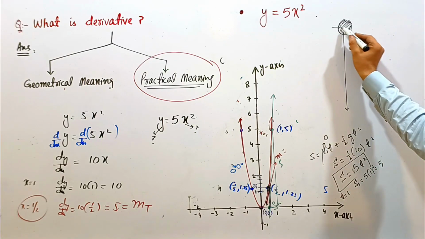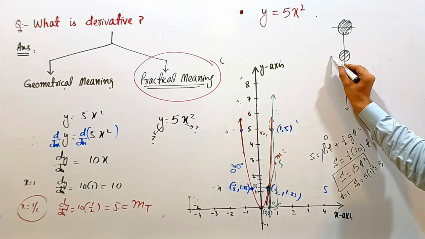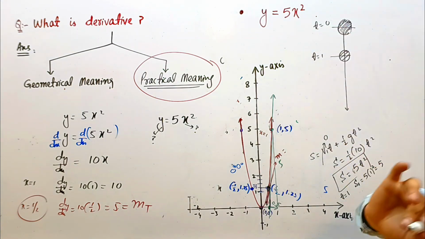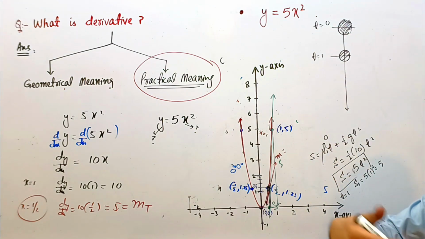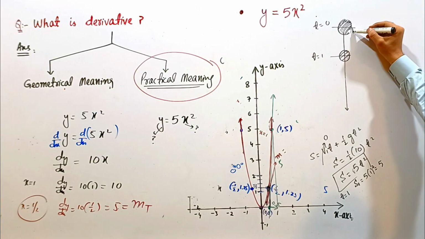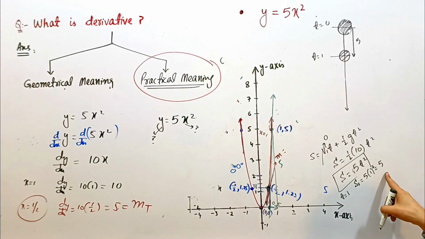Means after 1 second, the ball will be at this position. t equal to 0 means the starting point. After time t is 1, the ball will be at this position and it would have covered a distance of 5 meters. Alright students.